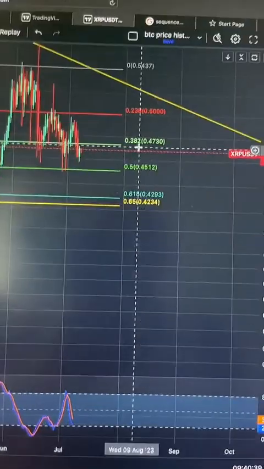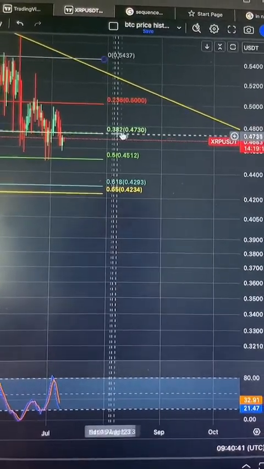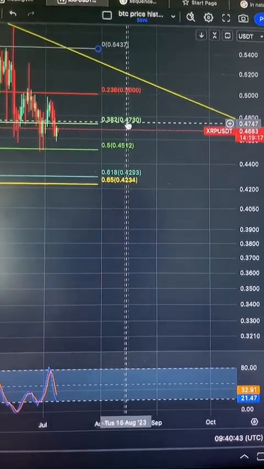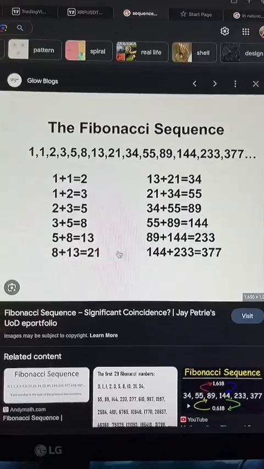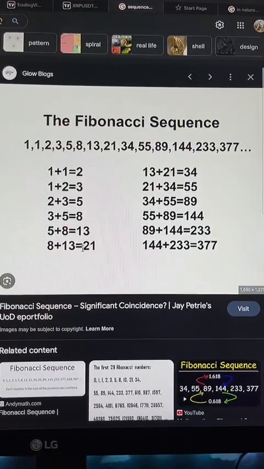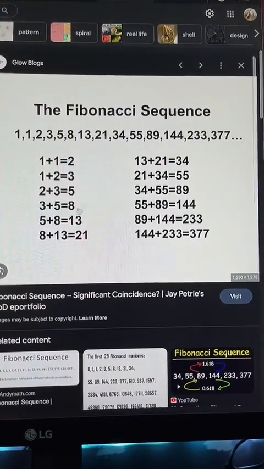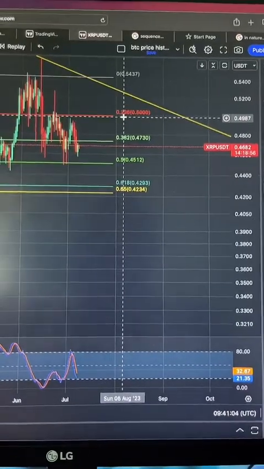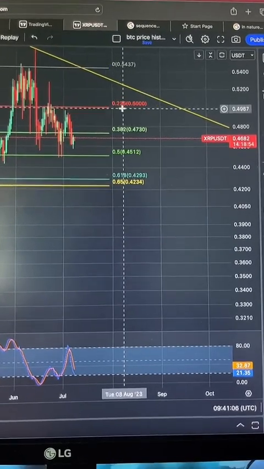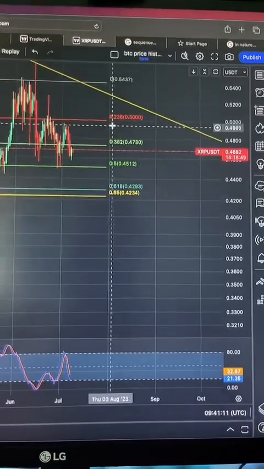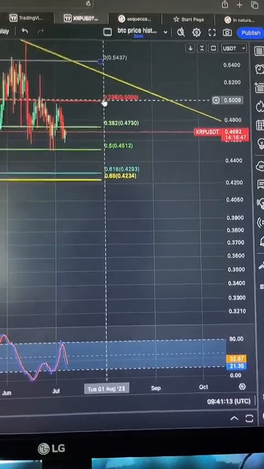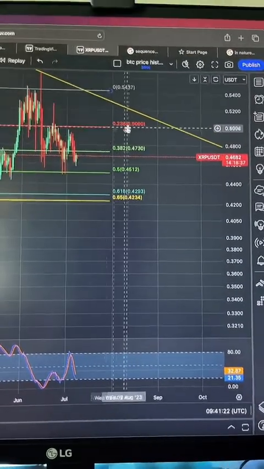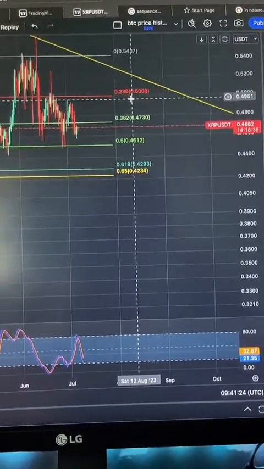That's how this 0.38 right here, which is the 38% retracement, comes about. Now, again, you skip 21. You go to 13. So 13 divided by 55. What do you get? You get the 0.23 right here. So that is the 23% retracement. So this is basically how these values come about right here.